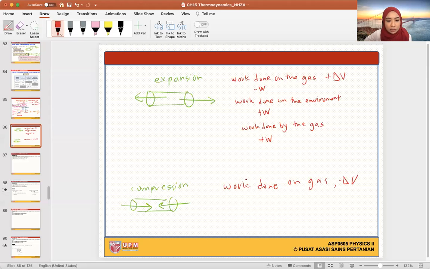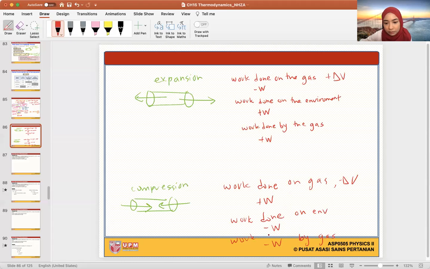So work done on gas, I told you negative change in volume always means positive work. This is for work done on gas, which means that work done on the environment is negative and work done by the gas is negative. It's just reversed. So let me write that down.